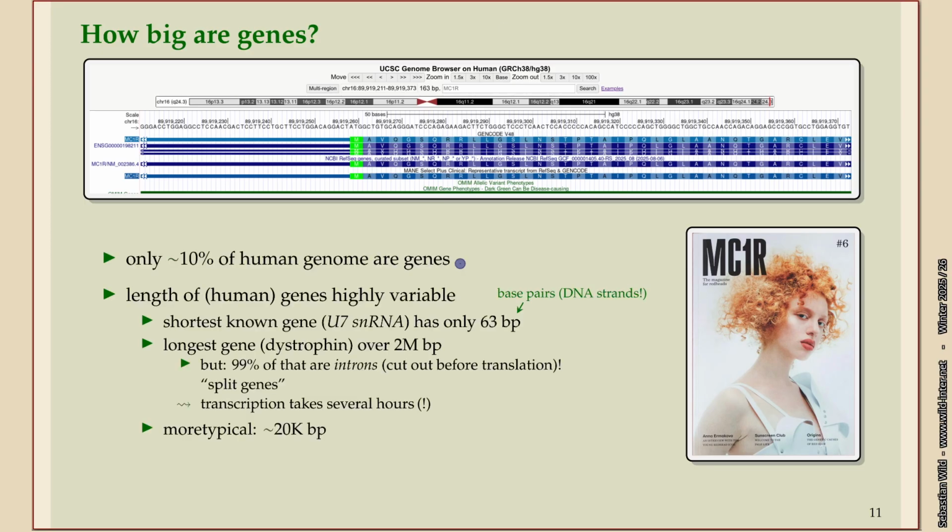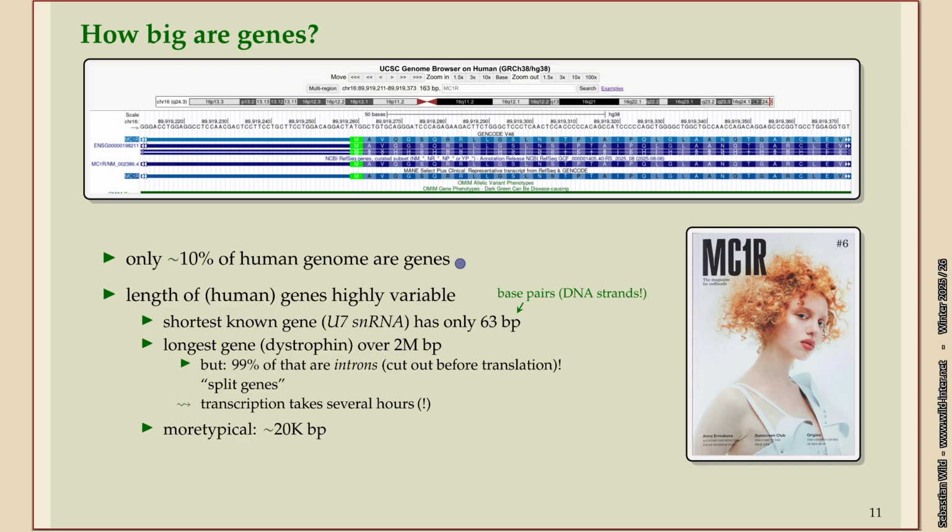A few basic facts just about the human genome. Only roughly 10% of the entire 3 billion bases are known genes, I guess we should say. It's around, oh gosh, around 20,000 genes, roughly. There was a suspicion at the beginning of the Human Genome Project that it would be 5 times as much, and people were a bit astonished at the time that the number of genes seems to be much lower.